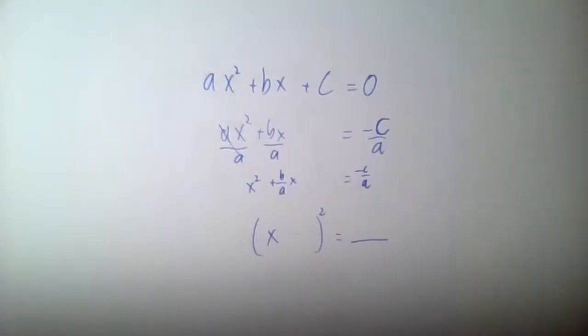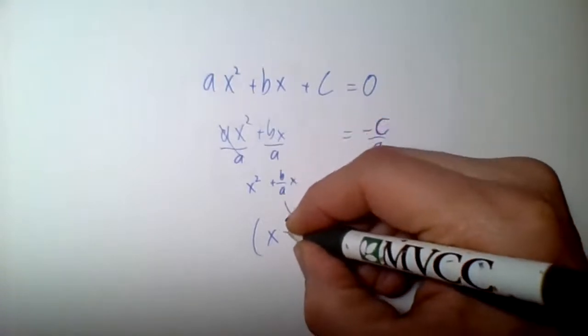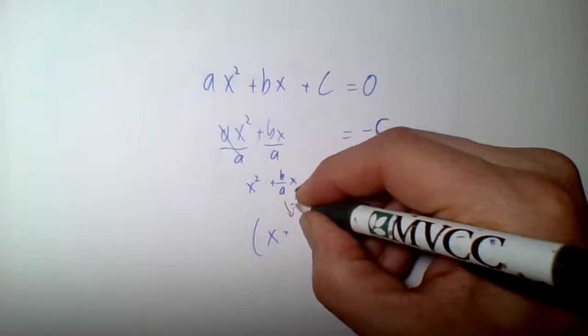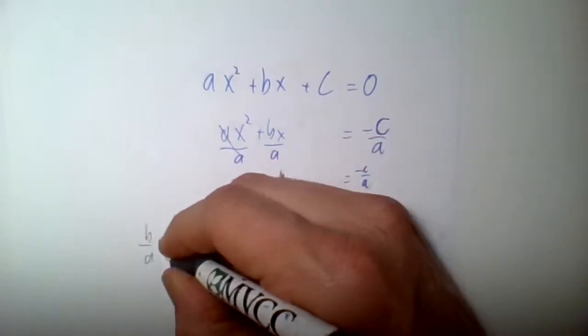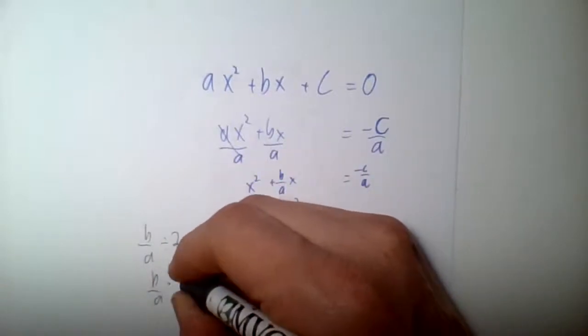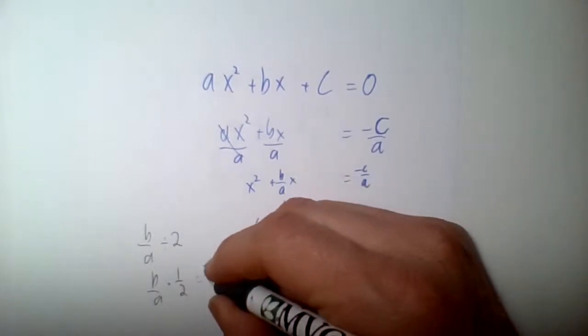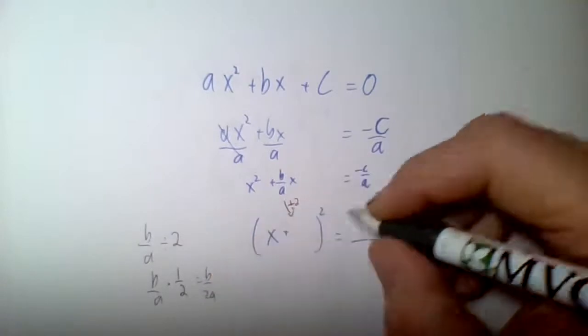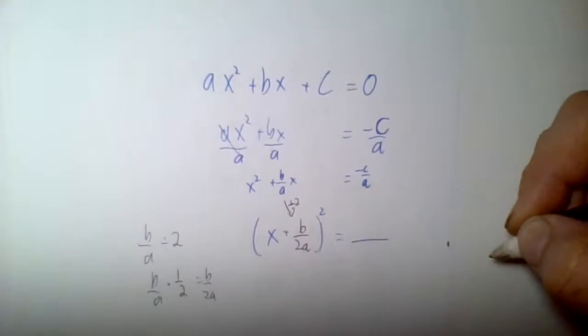Now the steps in here are the divide by 2 and square it things. This is going to be dividing by 2 here. Well, it's b over a divided by 2, which, dividing fractions means multiplying by the reciprocal. So I got b over 2a. That's the value inside here, b over 2a.